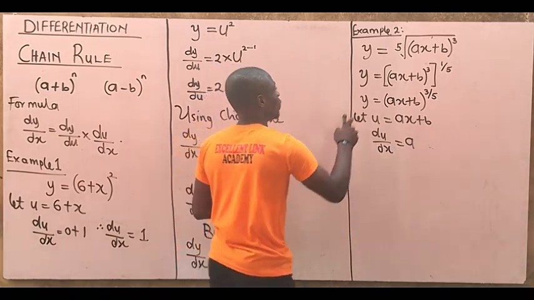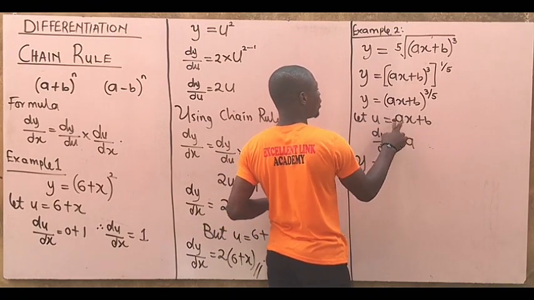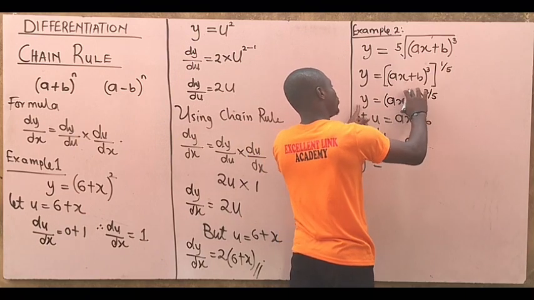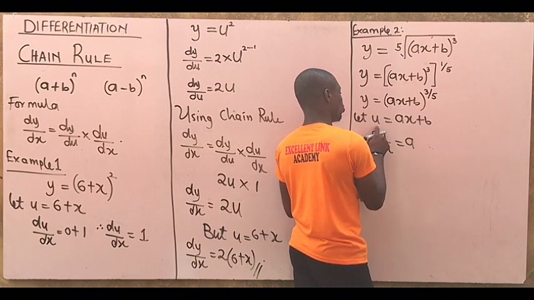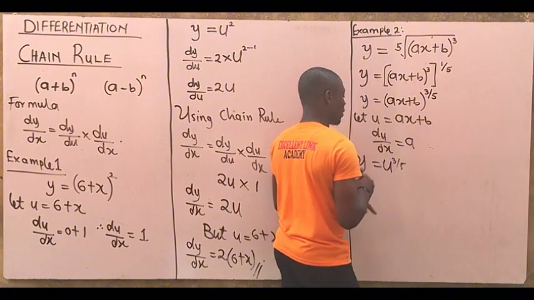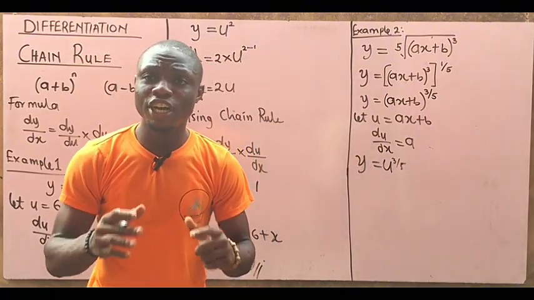Next task, from the question, y was equal to, let's simplify this one. Let's now do this one. y is equal to, we just said ax plus b is u, so put u here, all to power 3 over 5. At this point here, apply the concept of the general power method.